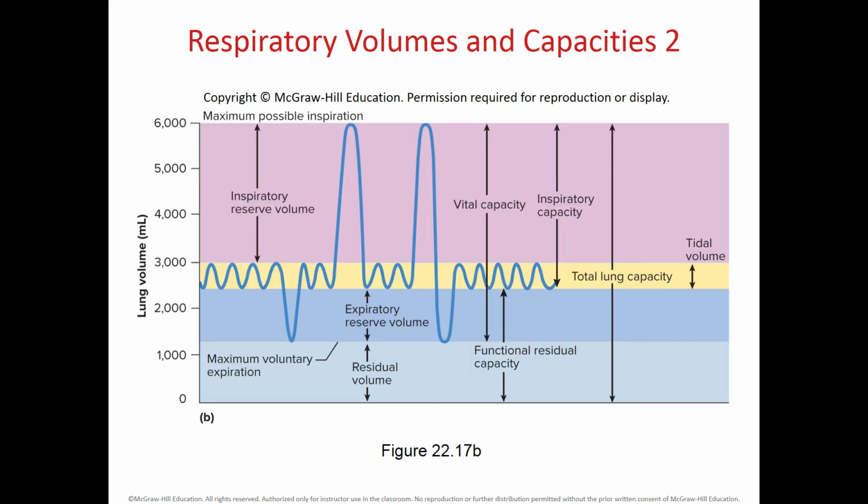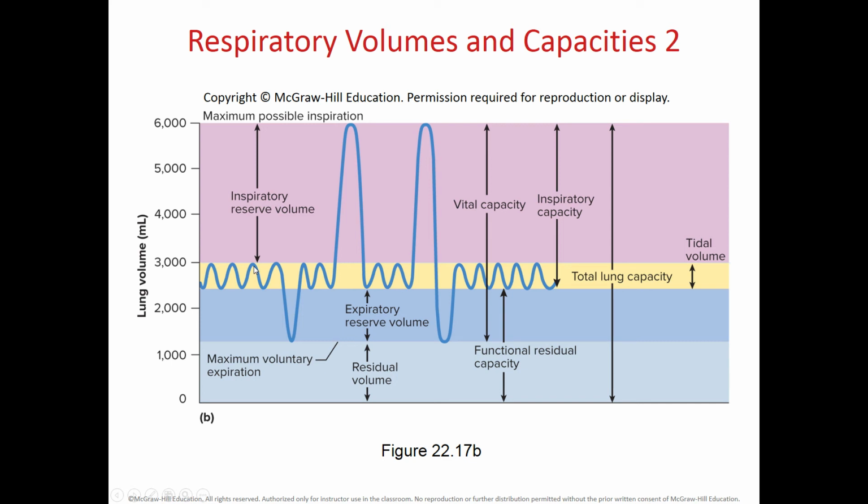Now in this diagram, you can see the different volumes and capacities in the lungs. So this is the tidal volume. When you see this line go up, you are breathing in, and when you see this line go down, you are breathing out. So this is the tidal volume, 500 milliliters each time.